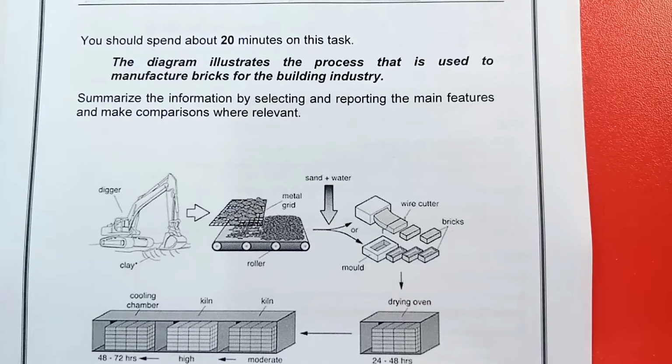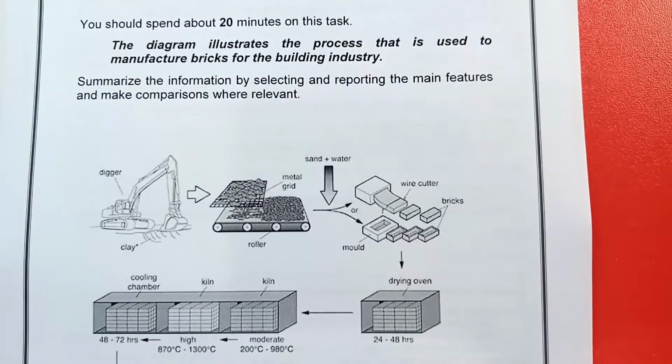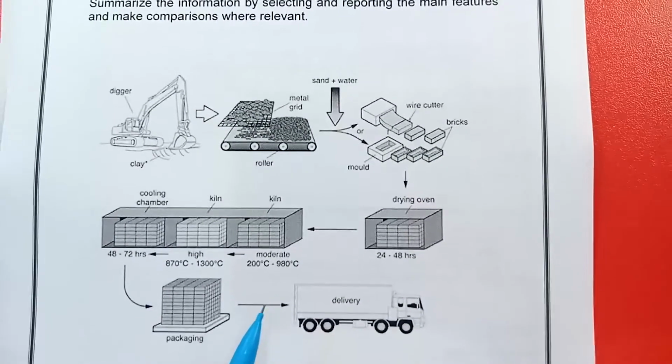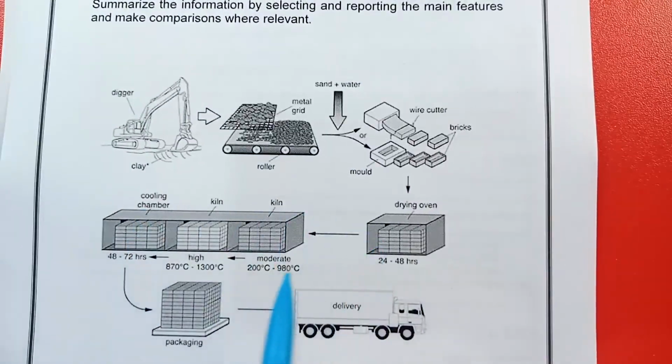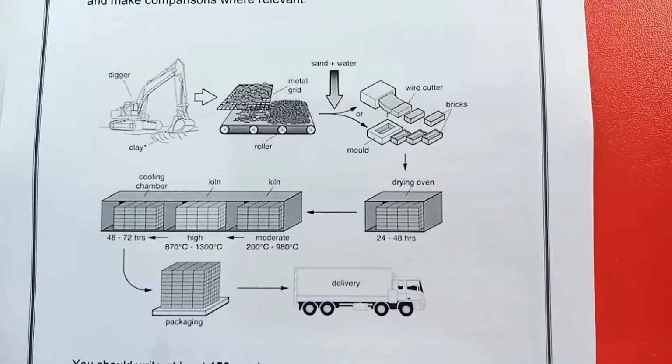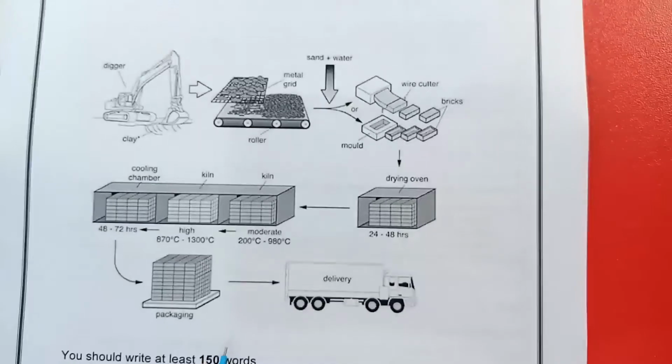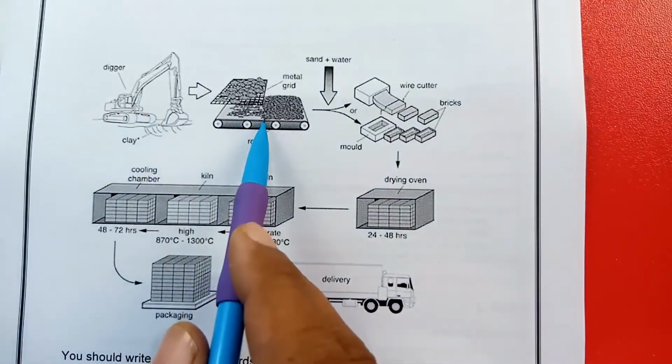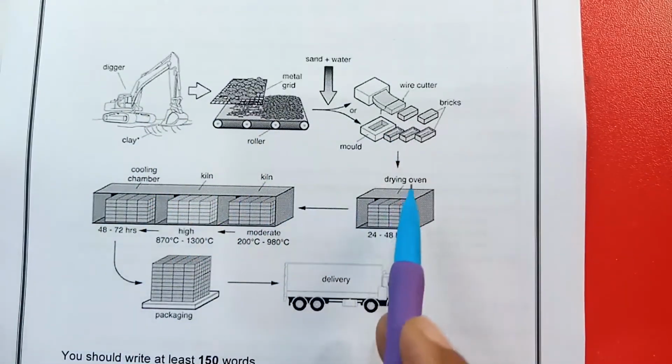This is the process. If you are given a diagram that is about a process, like first, then second, then third, then fourth, then fifth, sixth, then seven, what you have to do is follow the arrows. For example, this is the arrow, it is moving to this word, it means this is the first step.